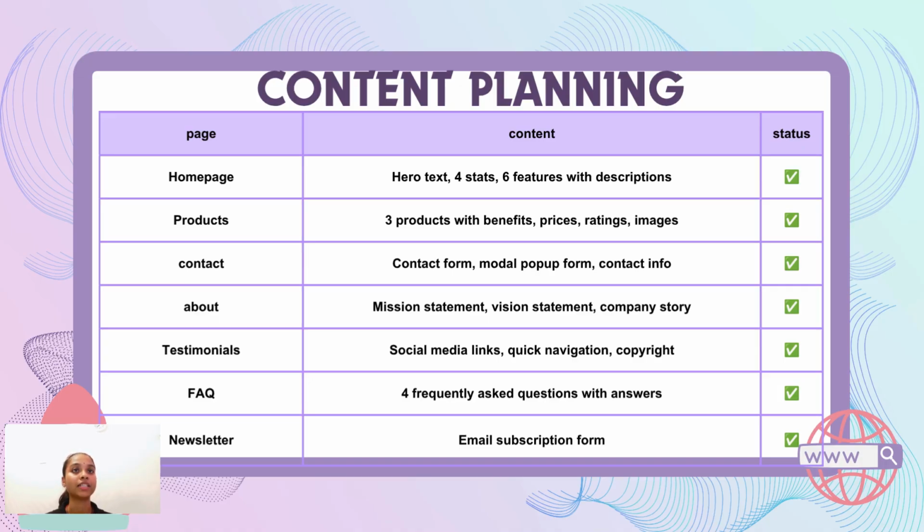For the about page, there is a mission statement, vision statement, and company story. For the footer, there are social media links, quick navigation, and copyright. For FAQ, there are 4 frequently asked questions with answers, and finally for newsletter, there is an email subscription form.